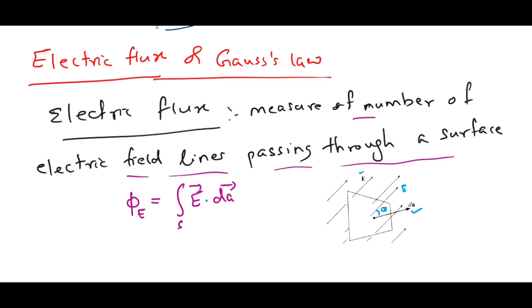If you keep a charged sphere or some charged material, the electric field lines will be emerging away from these charges, and in that region we consider an area whose surface area is S. Then the flux is defined as the total number of electric field lines passing through this surface.